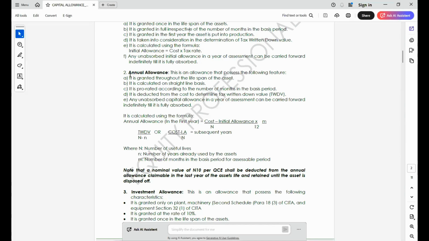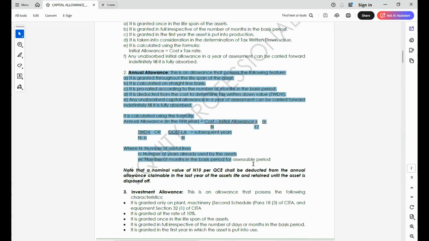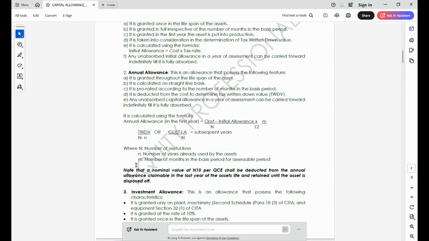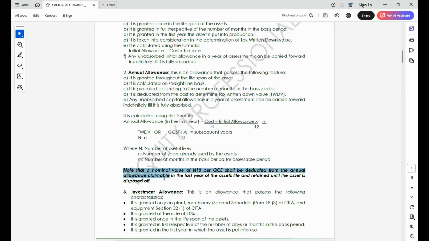So when you are computing your annual allowance, at the end of the useful life, you are going to retain 10 naira as the nominal value of the asset. So let us take note of that. 10 naira should be retained as the nominal value of the asset at the end of the useful life.